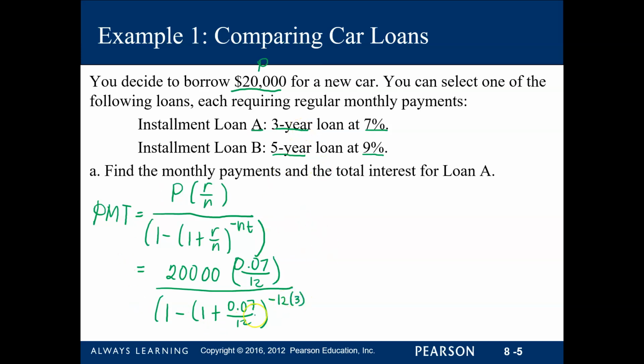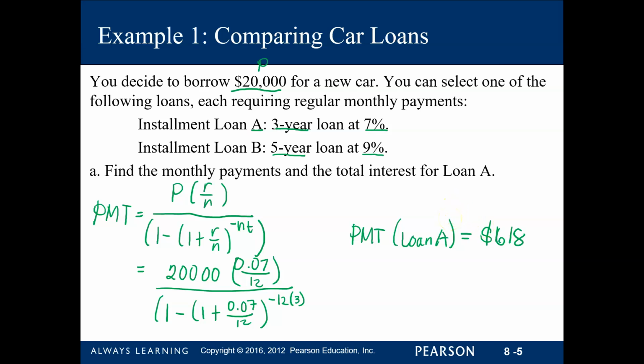So once you plug this whole thing into your calculator, the monthly payment for installment loan A is going to be around $618. So $620 almost for a month, all right?